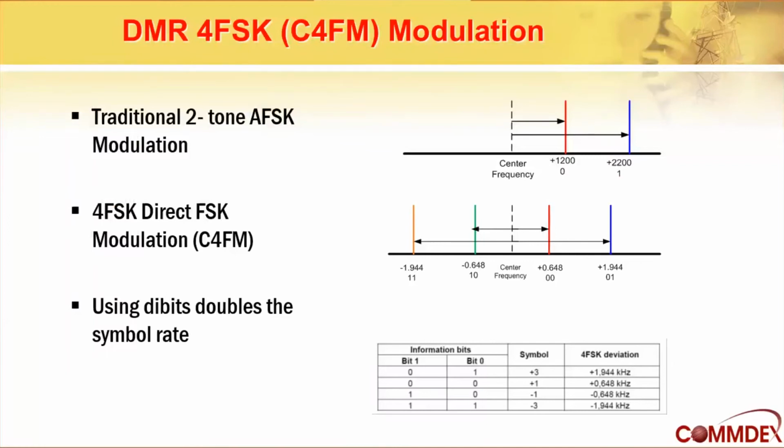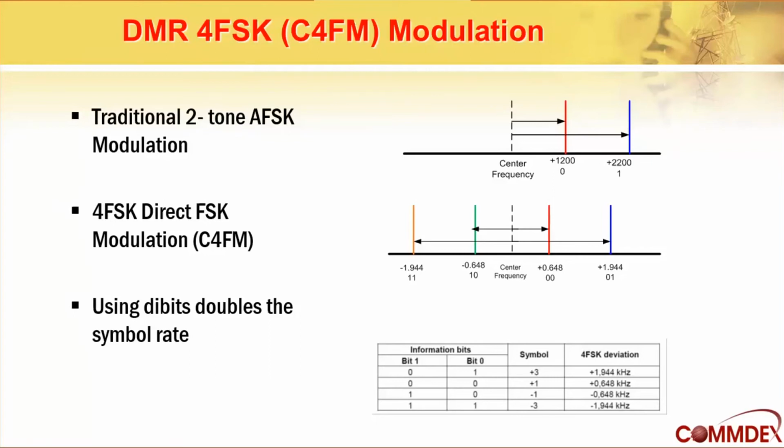We're going to talk more about this in the modulation section, but DMR, just like P25, uses 4FSK, also known as C4FM. This diagram shows that in the legacy type of audio frequency shift keying, we had 2 audio shifts off of the center frequency at 1200 and 2200 that represented a 1 or a 0.